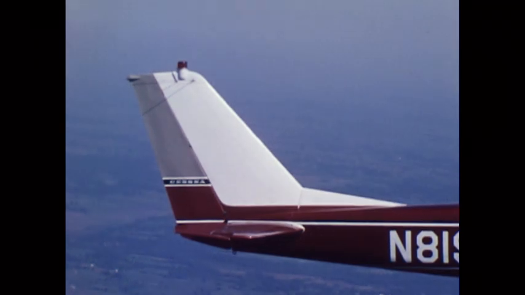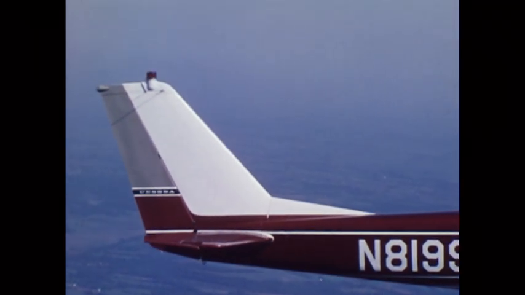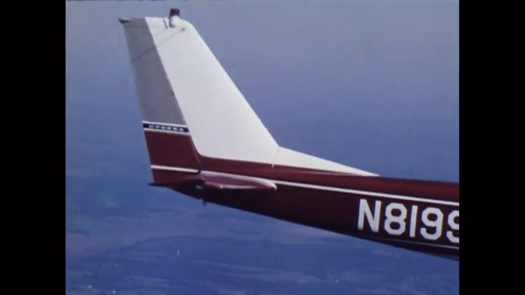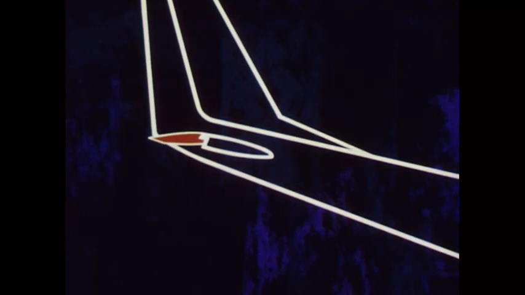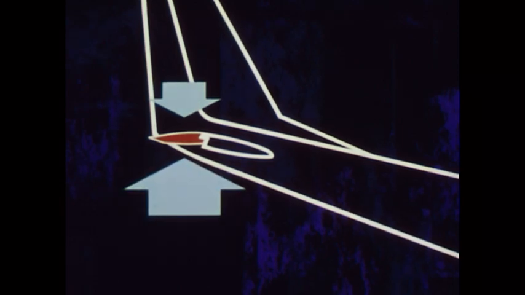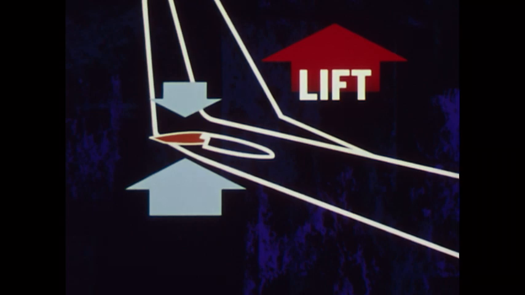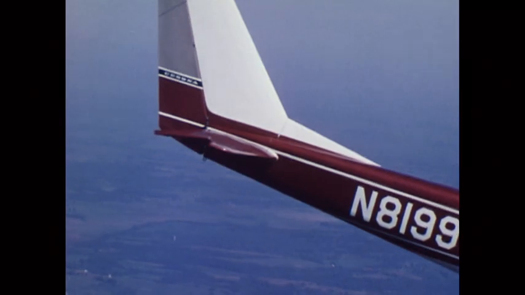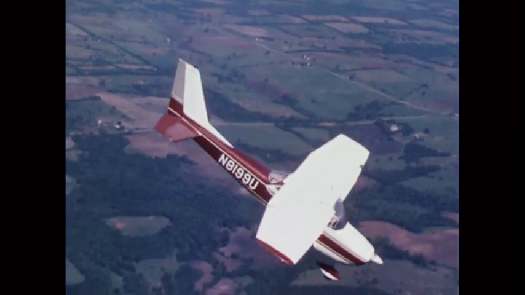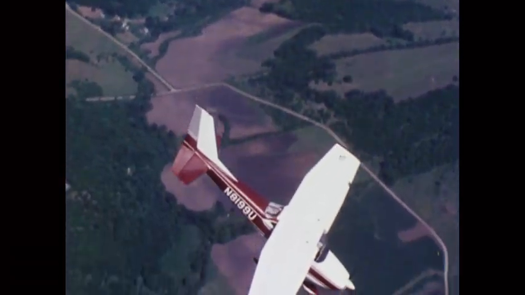When the airplane is in flight and the elevators are lowered, air flowing over the curved surfaces of the airfoil creates a low pressure area on top and a high pressure area below the horizontal stabilizer. Thus, lift is developed. This lift pushes the tail of the airplane up, which in turn forces the nose down.